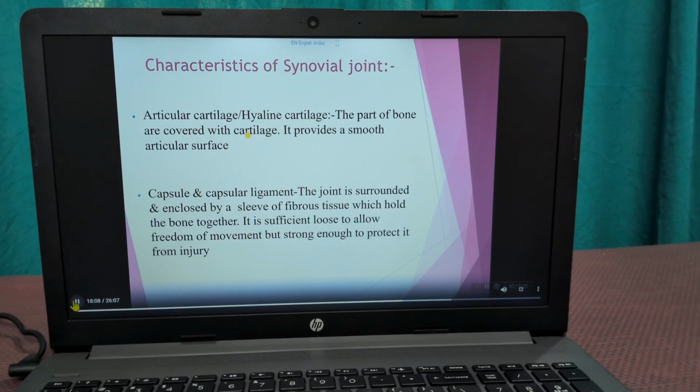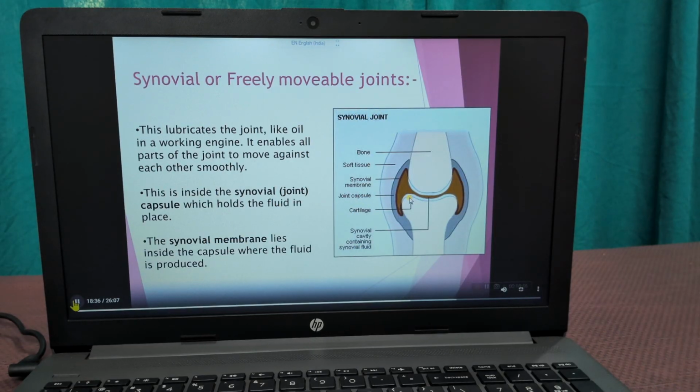It provides a smooth surface for articulation and movement. The next is the capsule and the capsular ligament. Synovial joints are surrounded by a capsule which holds the bones together and also protects the fluid present between the joints. It allows sufficient freedom of movement, but is strong enough to protect from injury.